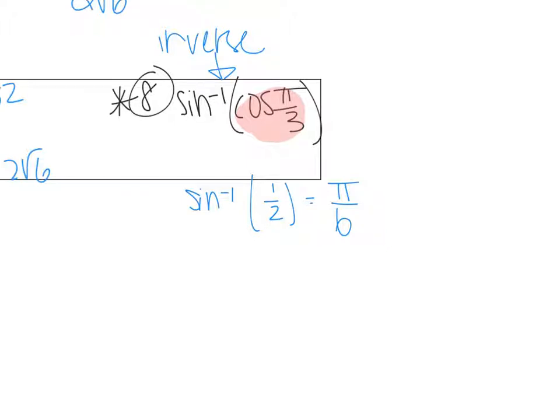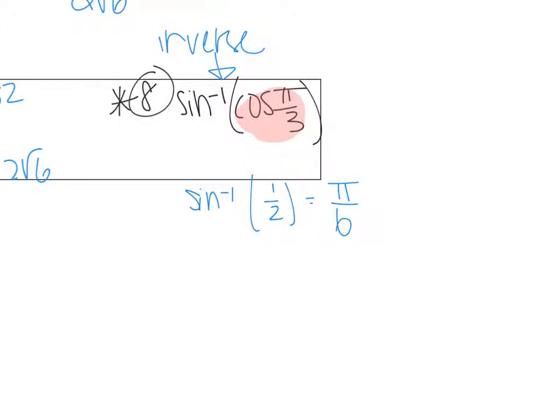So once again, for number 8, the inside of the function, we did not take the inverse, we just evaluated the angle being pi over 3. Cosine of pi over 3 gives me a coordinate of 1/2, and then I take the inverse, which therefore I need to provide an angle as my final answer. So inverse sine of 1/2 equals pi over 6.